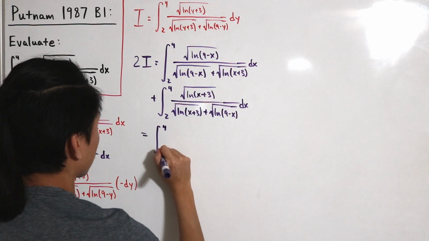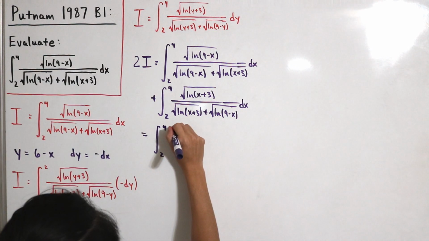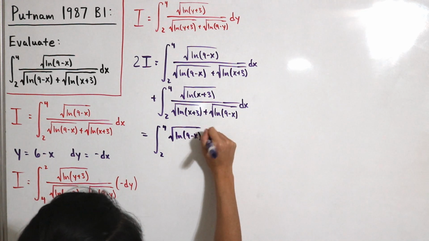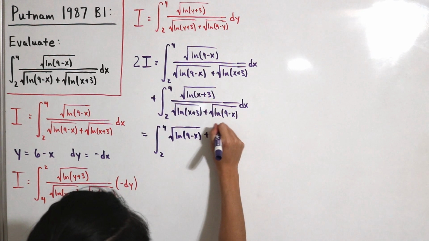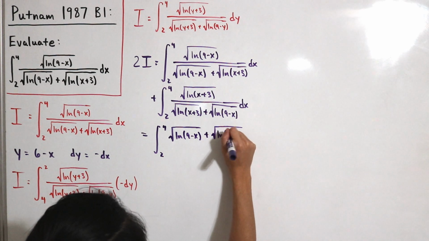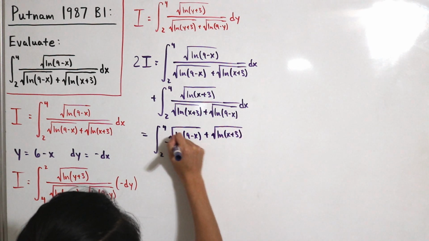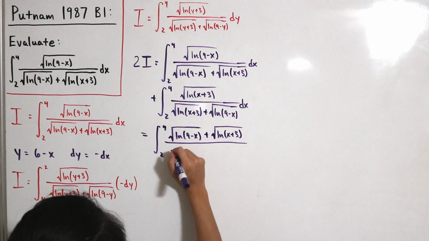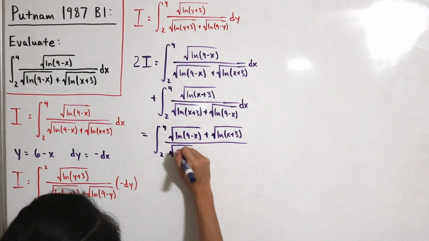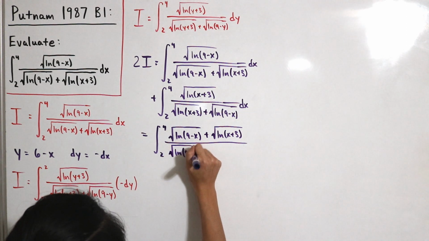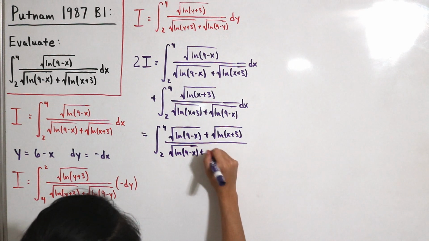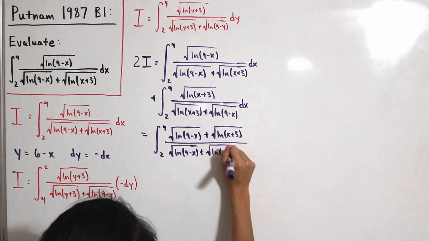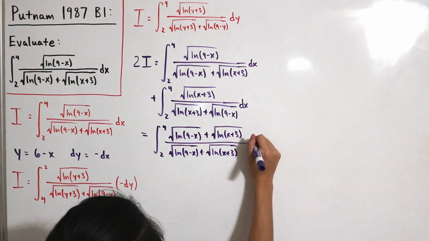We have the square root of the natural log of 9 minus x, plus from the other numerator the square root of the natural log of x plus 3, and we divide by the same denominator, the square root of the natural log of 9 minus x plus the square root of the natural log of x plus 3, dx.